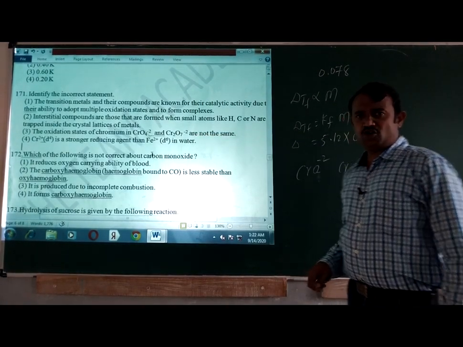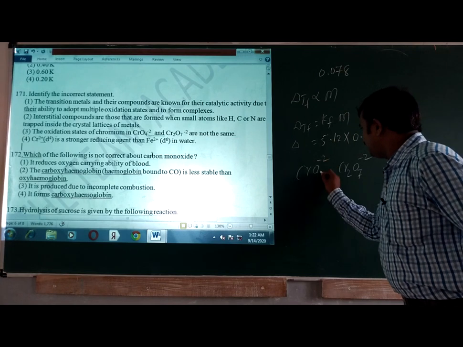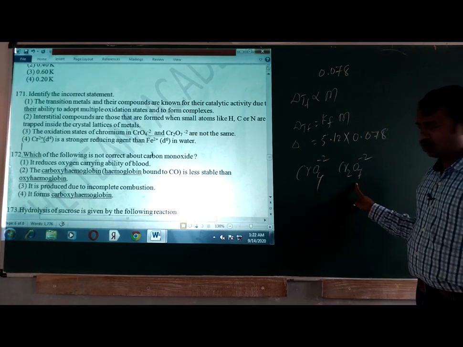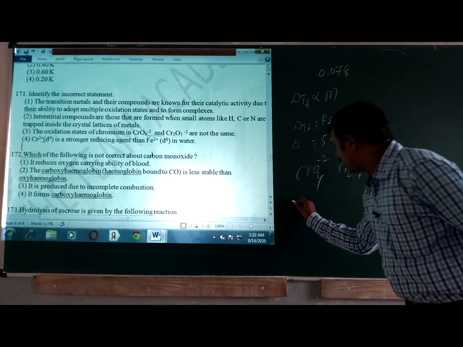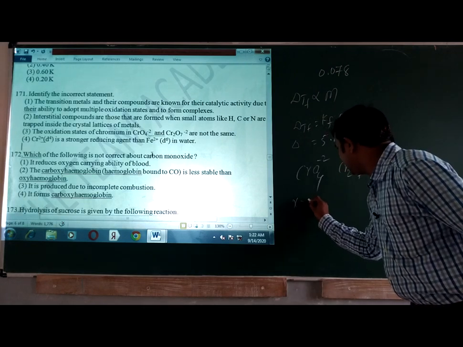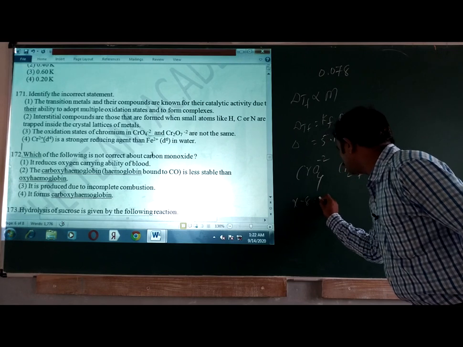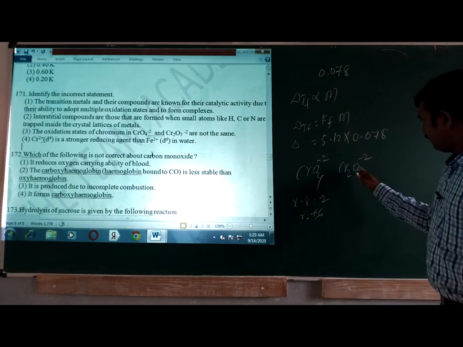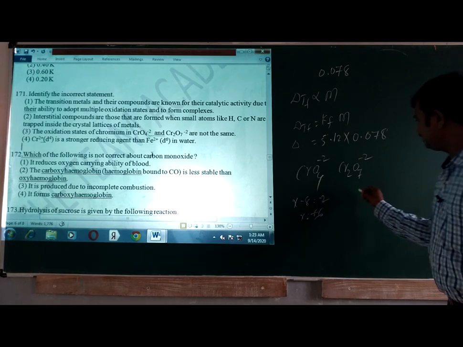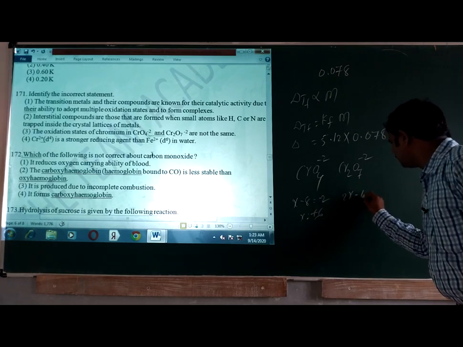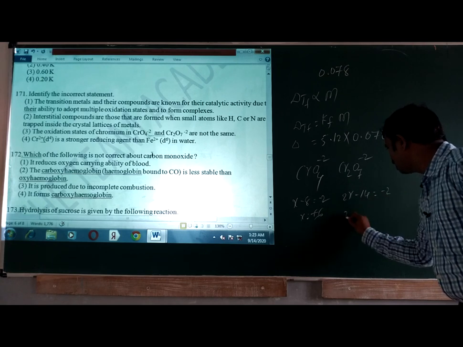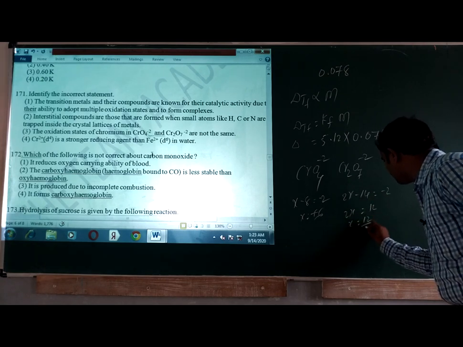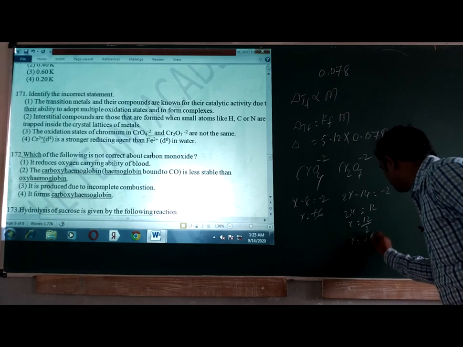Chromate ion and dichromate ion, they are given as CrO4 minus 2 and Cr2O7 minus 2. Calculate the oxidation state. For CrO4, x minus 8 equals minus 2, x equals plus 6. For Cr2O7, 2x minus 14 equals minus 2, 2x equals 12, x equals 12 divided by 2, x equals plus 6.